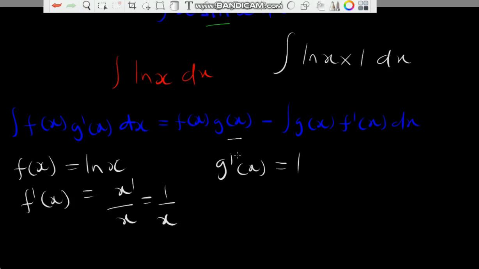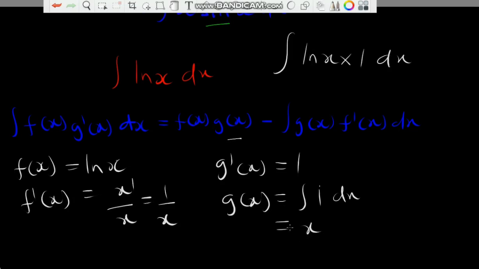You know when you find the antiderivative of the first derivative of the function, that'll give you the function. So g of x will be equal to the antiderivative of 1 dx. And that'll give us x. So when we find the antiderivative of 1, that gives us x. So that tells us that g of x equals x.